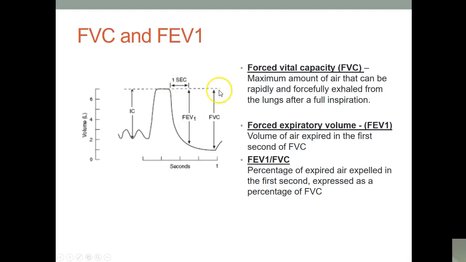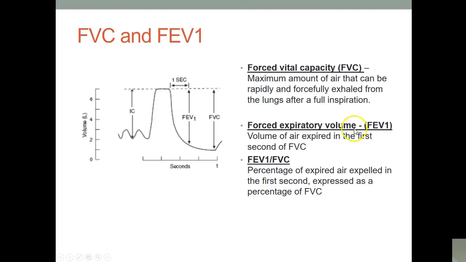The first thing we're looking at here is the forced vital capacity. This is the maximal amount of air that can be rapidly and forcefully exhaled after the full inspiration. So we're going to measure from the lowest point on the volume curve to the highest point. That difference is the forced vital capacity.